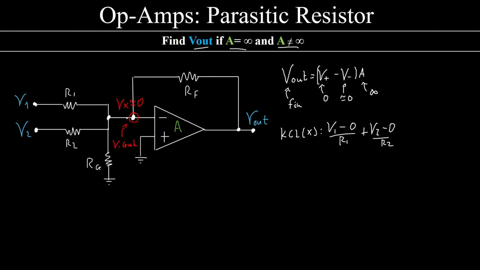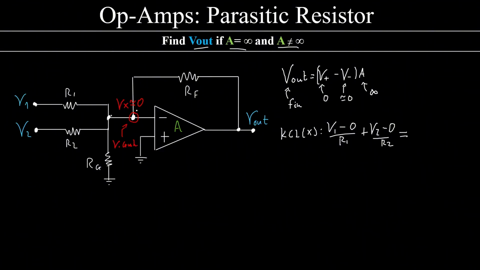Well, the voltage here is the same as the voltage here, and the same as the voltage here, which is 0. The ground has 0 voltage too, so 0 voltage, no current passes through this resistor. So the current that would flow from here to here, due to this parasitic resistance, is 0.